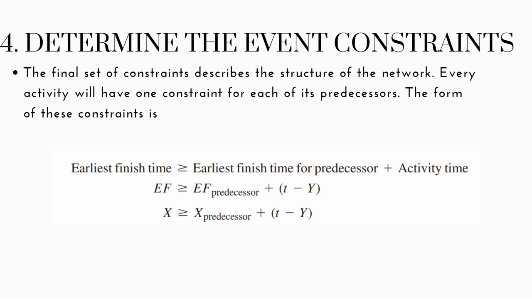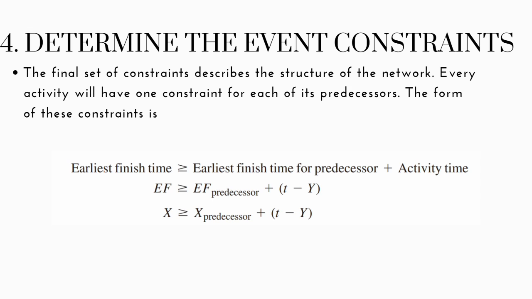The final set of constraints describes the structure of the network. Every activity will have one constraint for each of its predecessors. The form of each of these constraints is: earliest finish time is greater than or equal to earliest finish time for predecessor plus activity time. Here we can see that the activity time is t minus y.